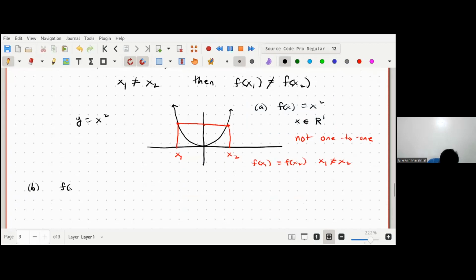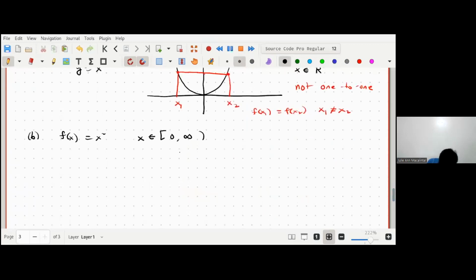F of x equals x squared, pero may restriction tayo sa domain. 0 to infinity lang. So if we graph the function, etong half lang yung mag-graph. And then, as we can see here, for each value of y, isa lang yung magiging value ng x. So, example ito ng 1-to-1.